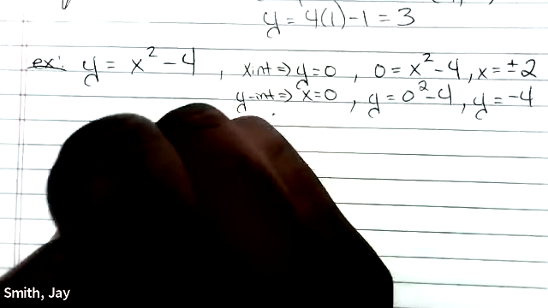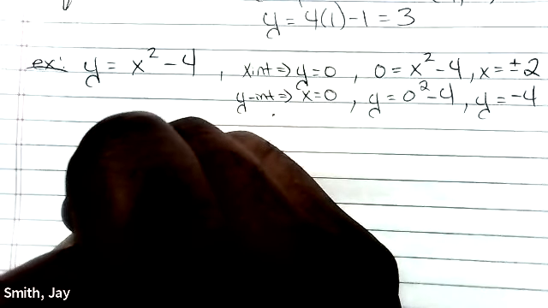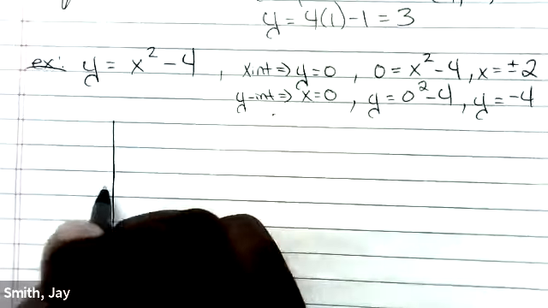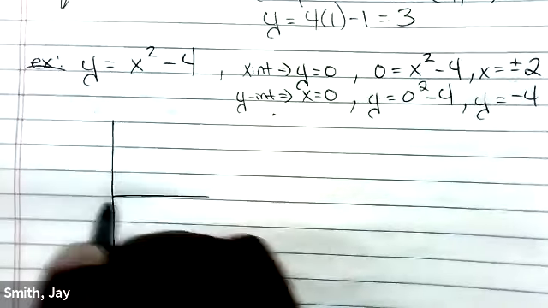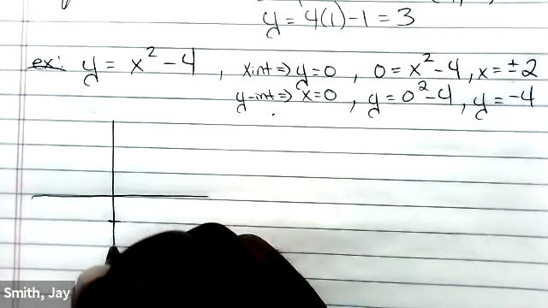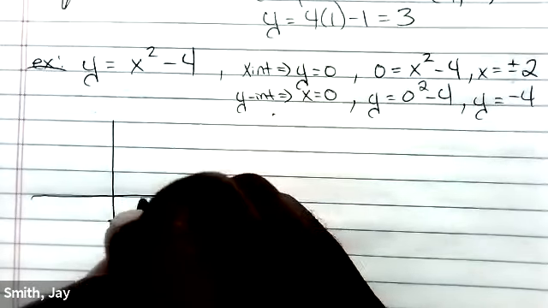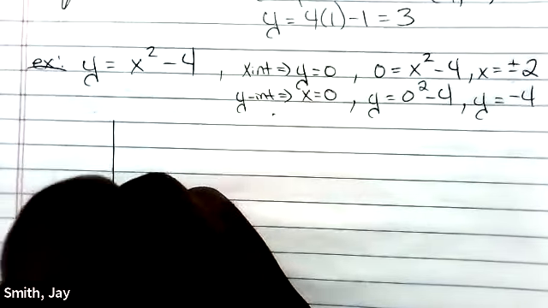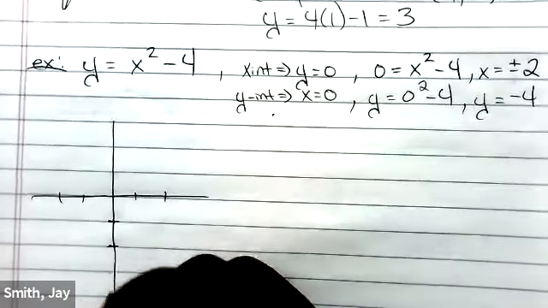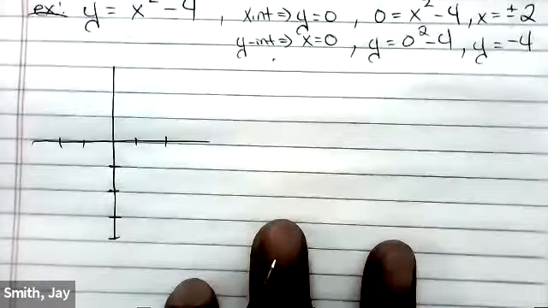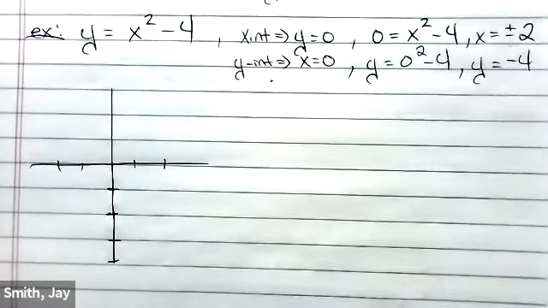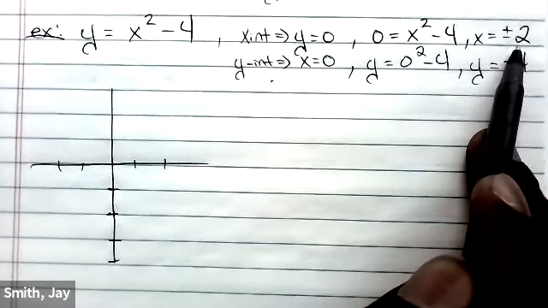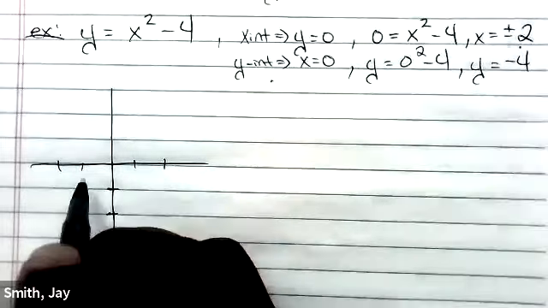All right, so if we're sketching the graph, we know we have 2 x-intercepts, one at positive 2 and then again at negative 2.